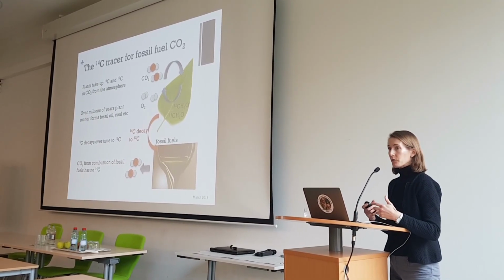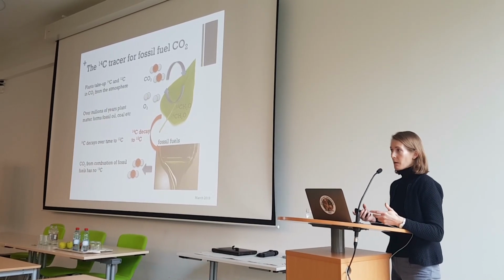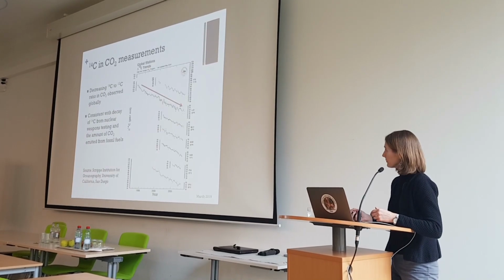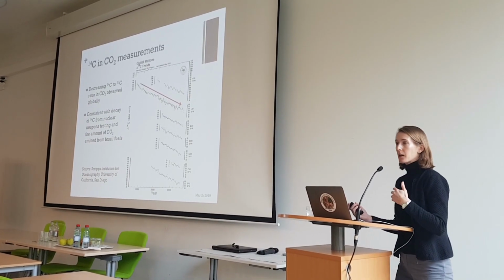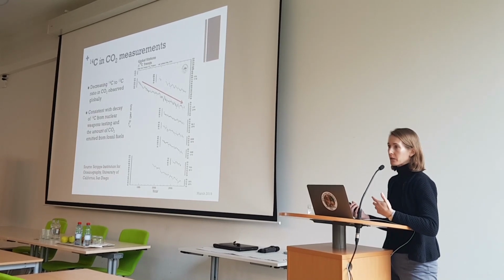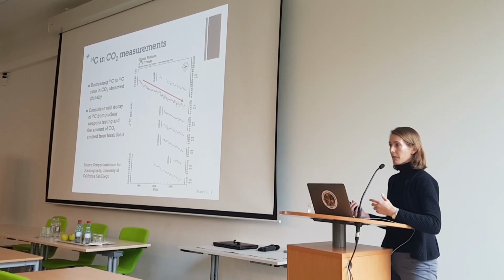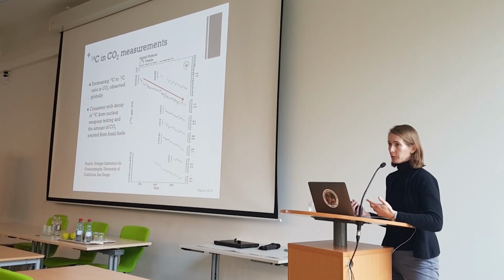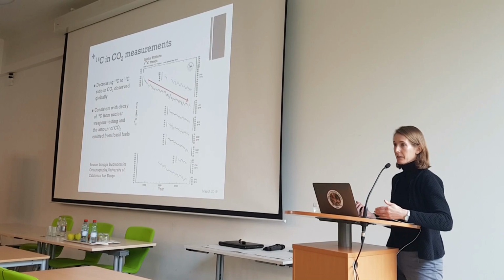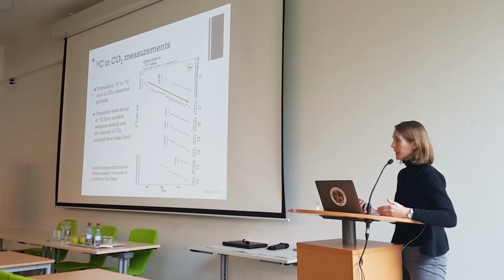So when you burn fossil fuels, you dilute the amount of carbon-14 CO2 in the atmosphere, and we can actually measure this. We have a decreasing carbon-14 CO2 in the atmosphere after we stopped nuclear weapons testing, but we know how much that is just from the lifetime of carbon-14.